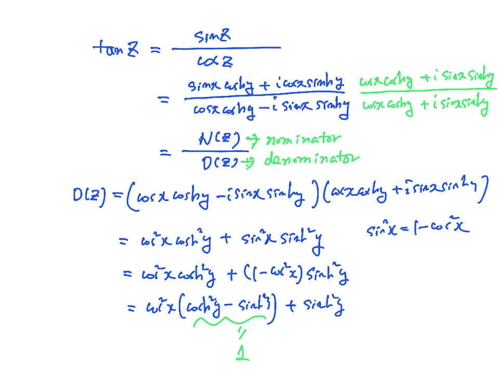And so this is cosine square x plus sine hyperbolic square y. If you're not sure, you can check.